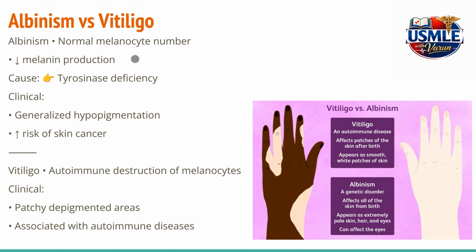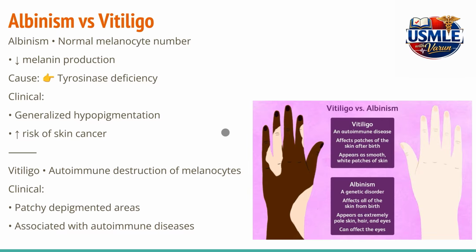Albinism is associated with a normal melanocyte number and reduced melanin production. The cause of albinism is tyrosinase deficiency, which leads to accumulation of tyrosine and reduced melanin, because tyrosinase is required for the conversion of tyrosine to melanin.